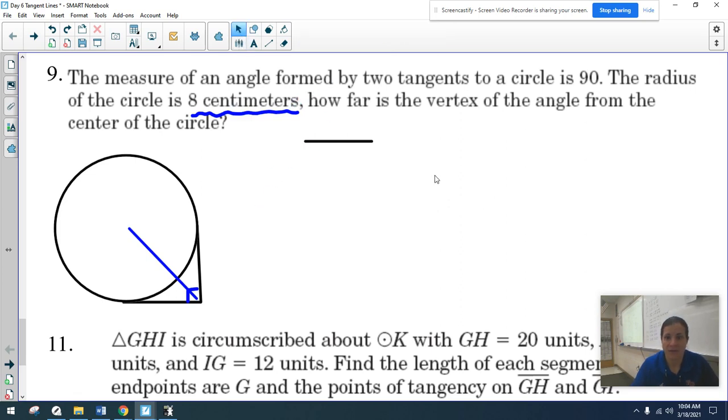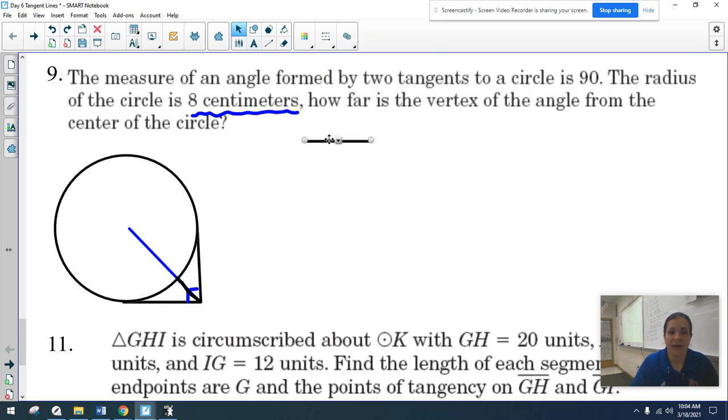So the other thing they're talking about is this vertex right here. So they want to know how far the vertex is. I colored it wrong. Hold on. So the whole thing got colored, but just the blue part is 8. So they're wanting to know how far is the vertex angle from the center. So it's the blue and the black combined. That's kind of what we're looking at.